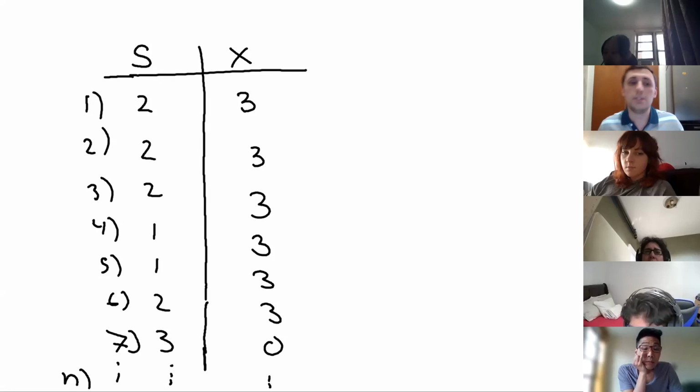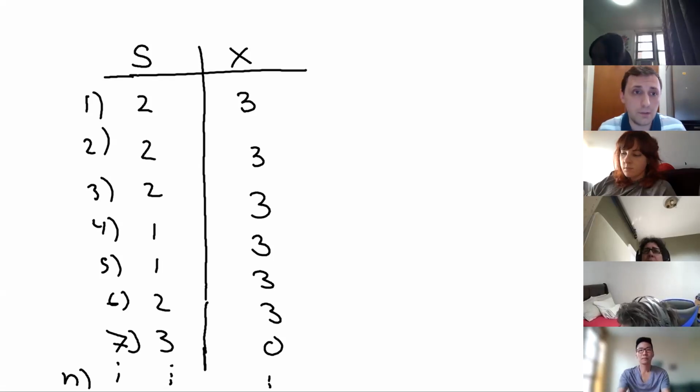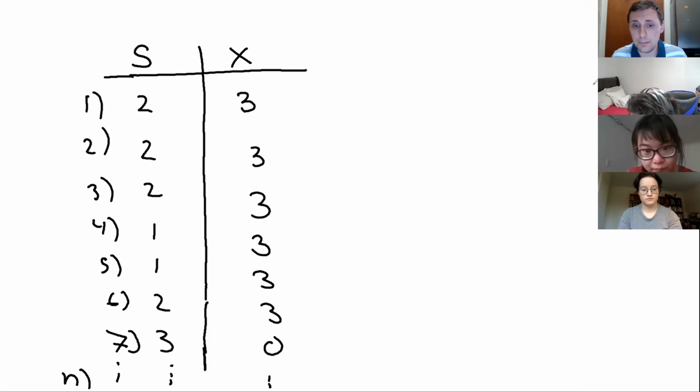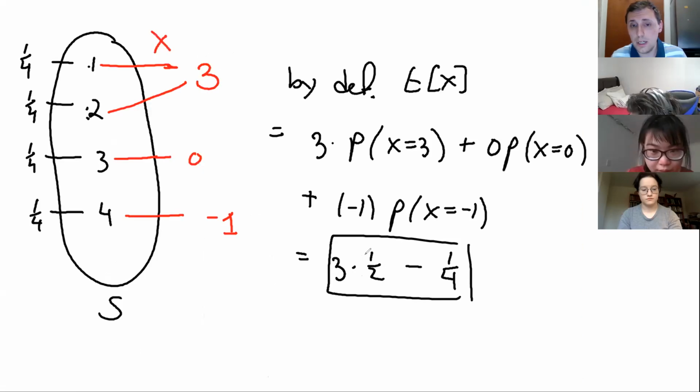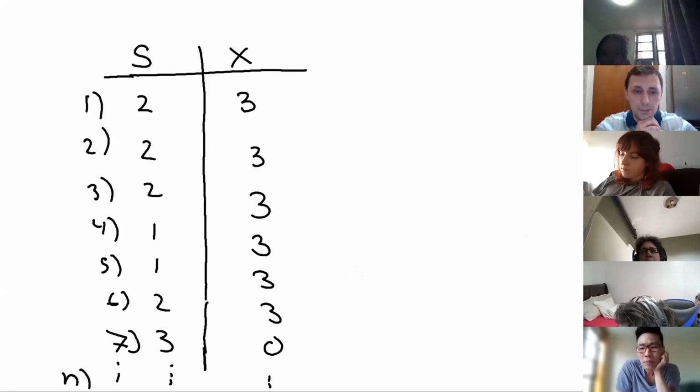And the prediction is that if you have played the game long enough, the number that you're obtaining is the expected value that we produced before. It's this number here, right? 3 over 2 minus 1/4 is going to be the convergent number once you play enough games.